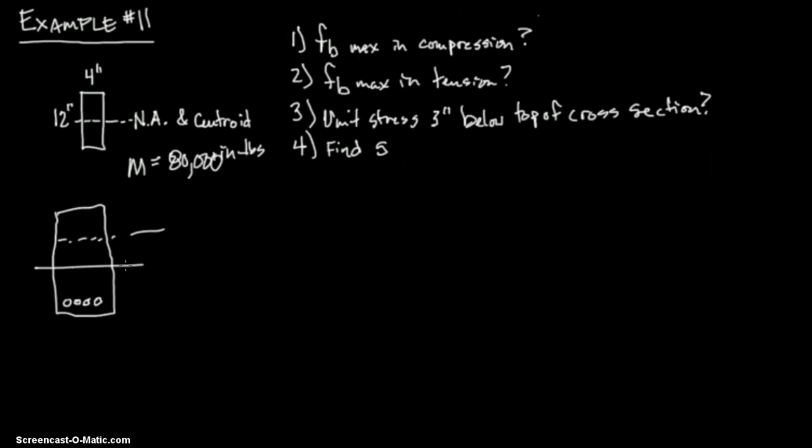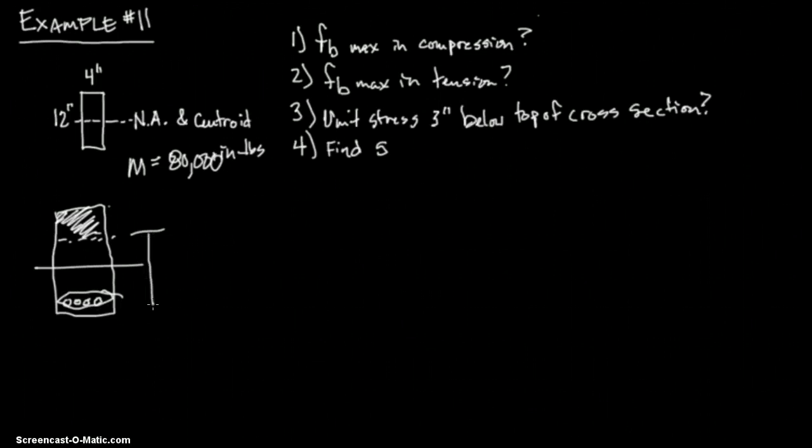That's because steel is stronger than concrete. It has a higher yield stress. So you're going to have this concrete working in compression and this steel working in tension.